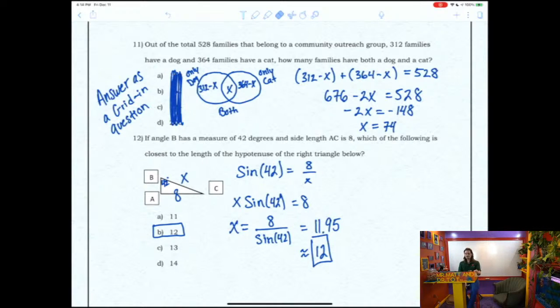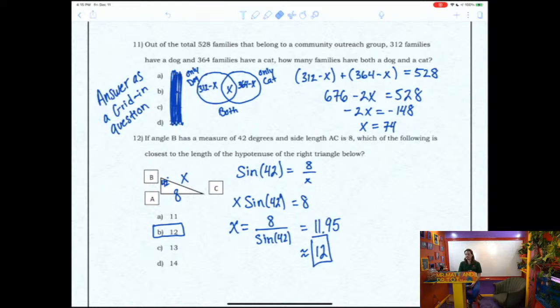Okay, so for number 11, if we represent the number of families that have both a dog and a cat as being x, then 312 families that have a dog minus x number that have both a dog and a cat would be equal to an expression of 312 minus x, which would represent the number of families that have only a dog.